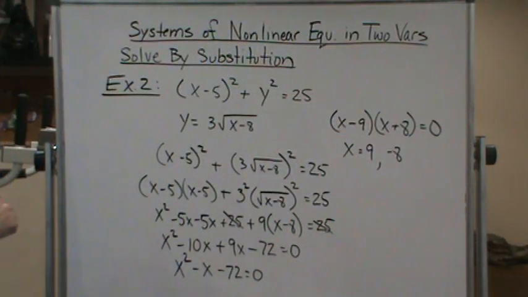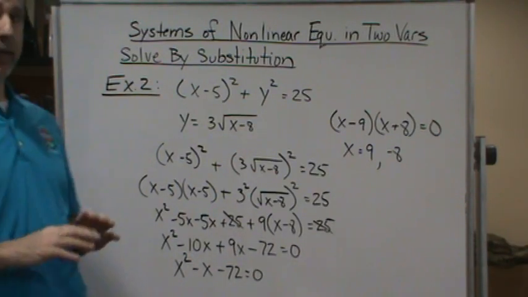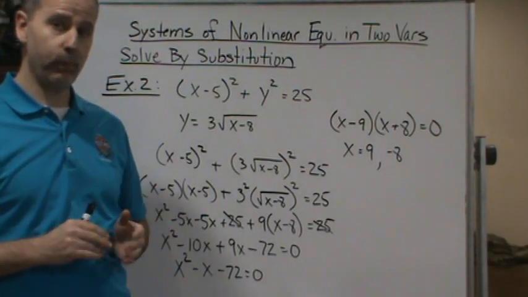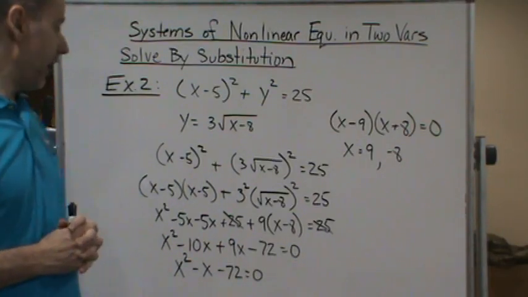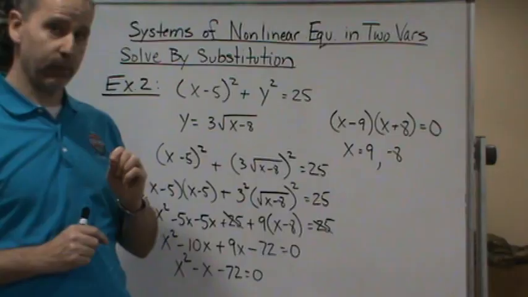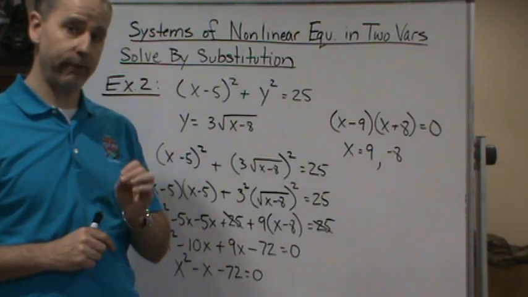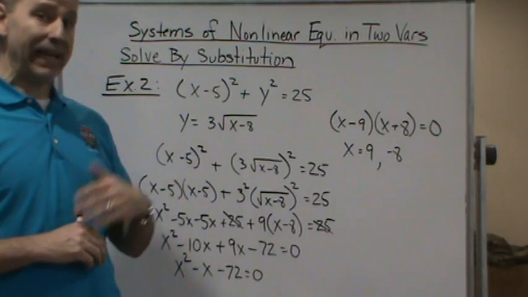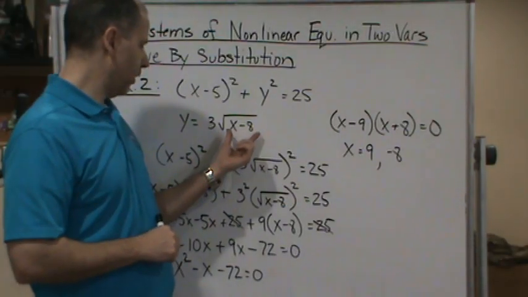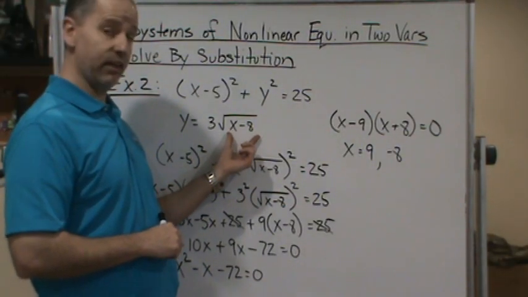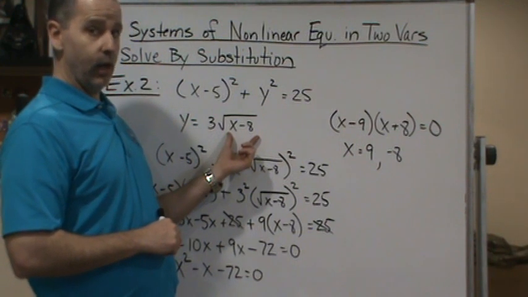Now this is where we're going to pause for a moment, because unlike the other problem, we have something we have to be careful about. Remember the domain of a function? We didn't have an issue in the last problem, but here we might, because we can't have any negative values under the radical.